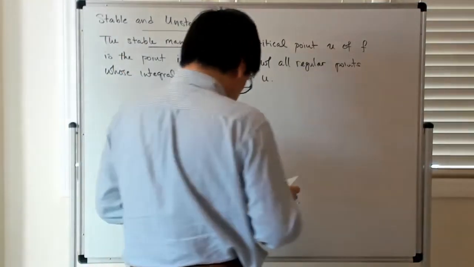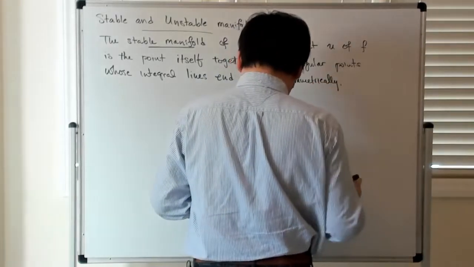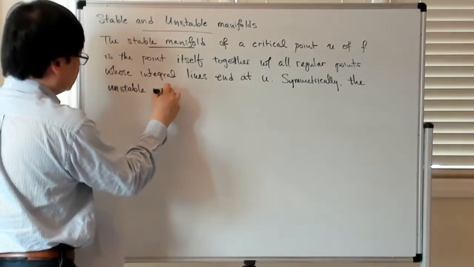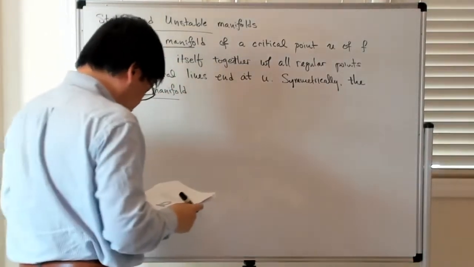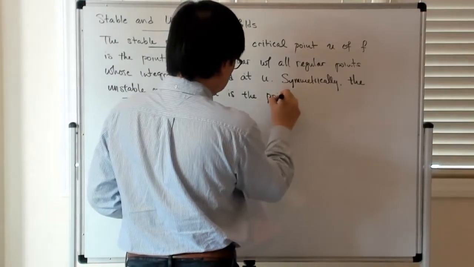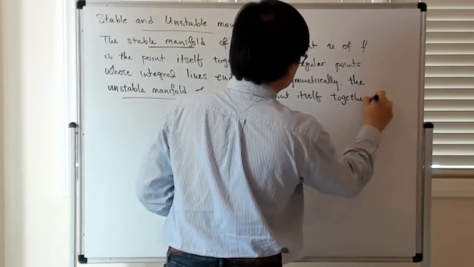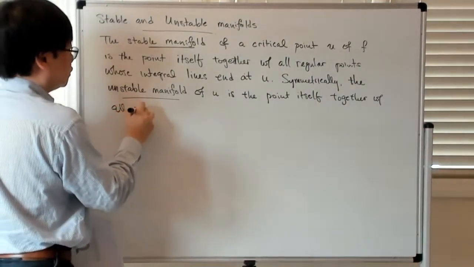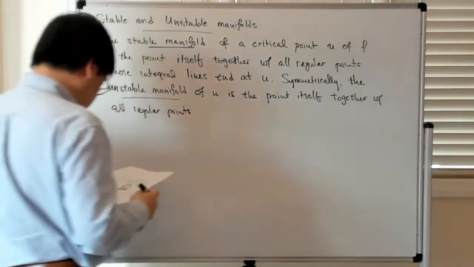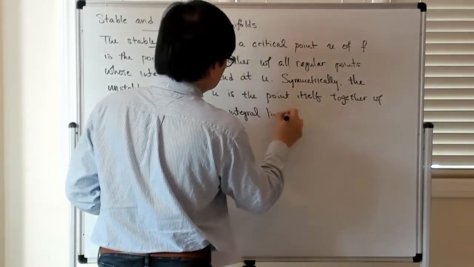So symmetrically, the unstable manifold of U is the point itself, together with all regular points whose integral lines start at U, sort of originate at U.